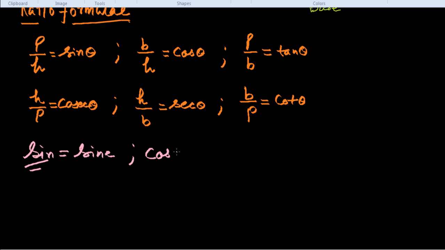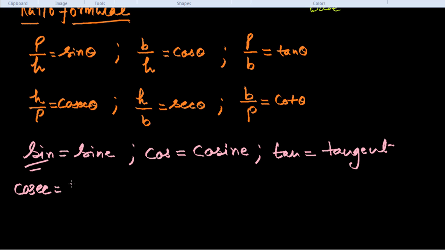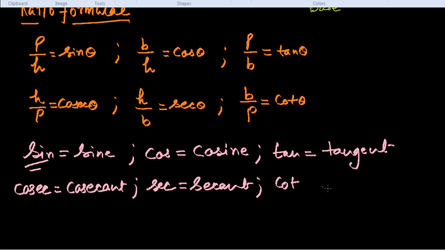The full name of cos is cosine, tan is written tangent, cosec is cosecant, sec is secant, and cot is cotangent. These are the full names, or we use the abbreviations: sin, cos, tan, cosec, sec, and cot are the abbreviations of these full names.